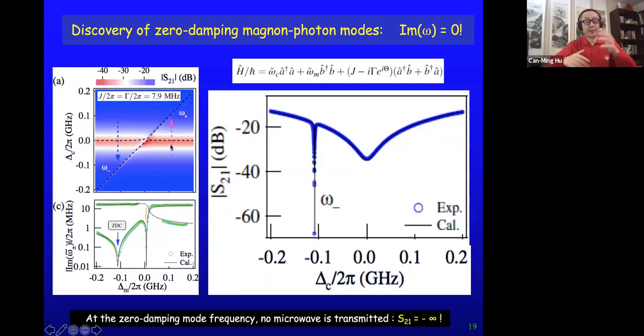Yes, you have the full controllability of the relative intensity. And the device we use is actually exactly in the regime where the coherent coupling rate and the dissipative coupling rate are equal.